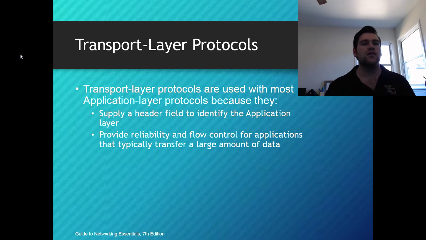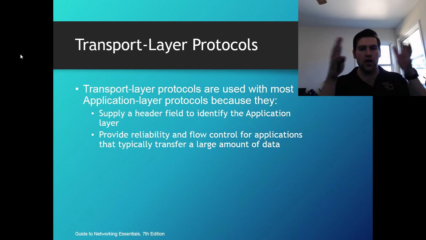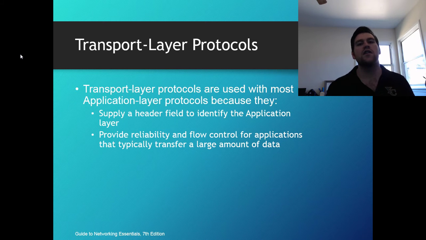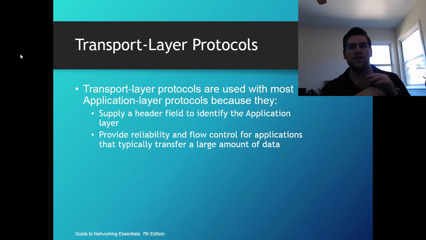What the transport layer does is it uses a header to identify the application layer of a chunk of data. It also breaks large chunks into smaller chunks, known as segments, so that data can be sent in a frame that is no larger than 1,518 bytes.